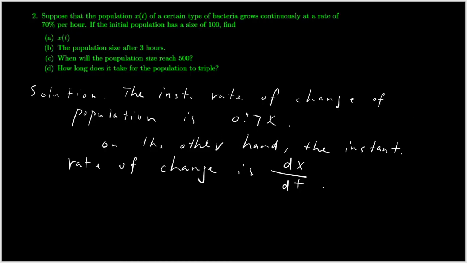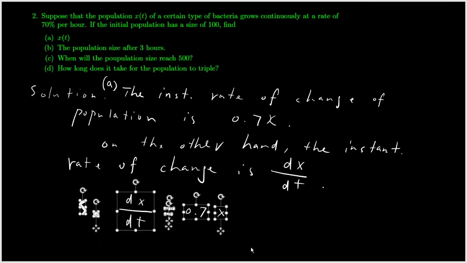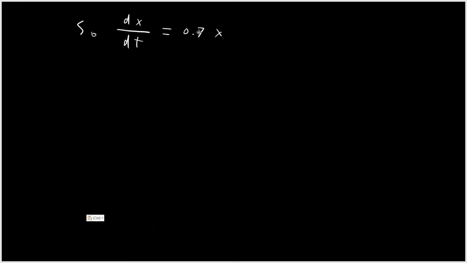So the instantaneous rate of change can be represented by two things. I mean, the same rate of change is represented by two things. So we have, we'll copy this to the next slide. So we'll continue from here.